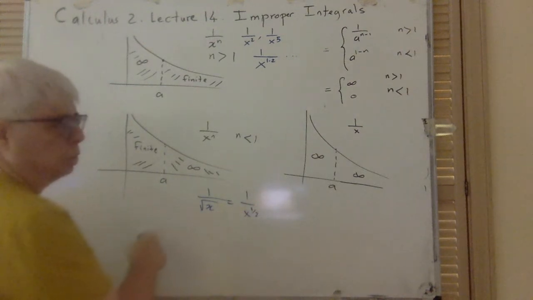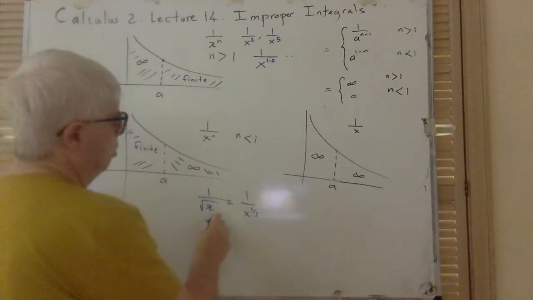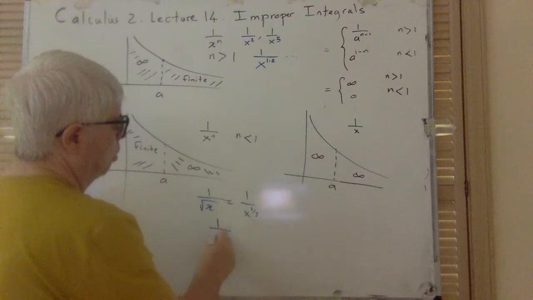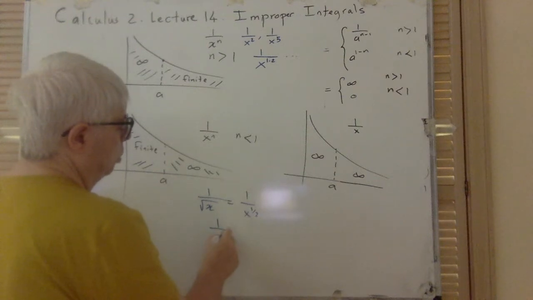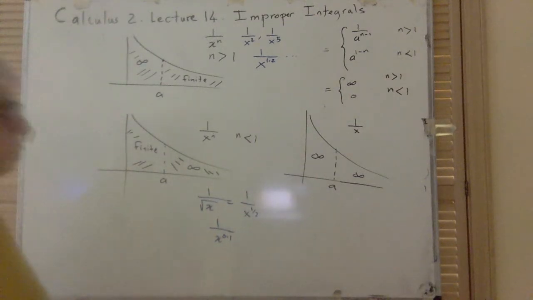So whenever you see a square root, or whatever, write it as an exponent. It can be 1 over x to power, I don't know, 0.1, for example. It can be whatever. So the exponent should be a number less than 1. If it is 0.99999, that's also okay.